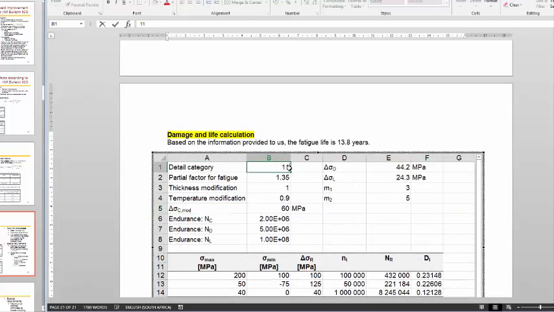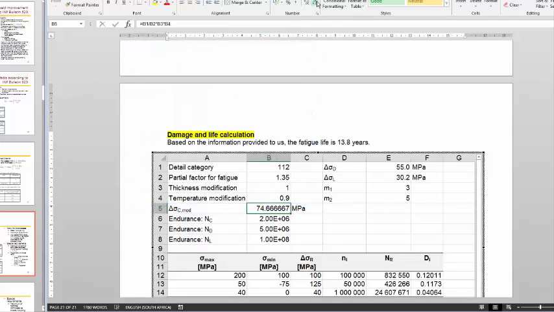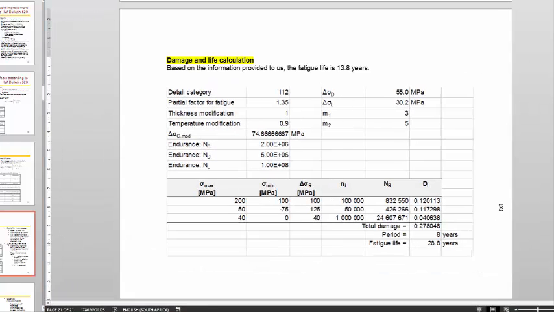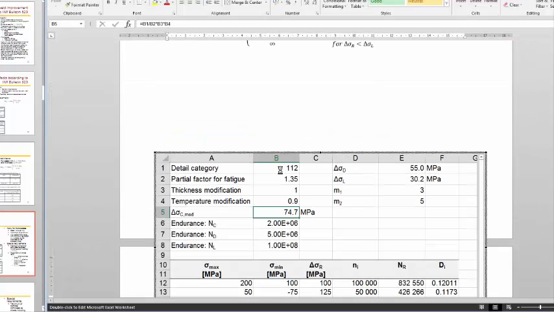So you can increase this to 112 to model the effect of peening in this case. So if you peen this well, let's make this number look better. So if you peen this well, you can see here the life will increase to 28.8 years. Right. Okay, so that's the effect of peening.